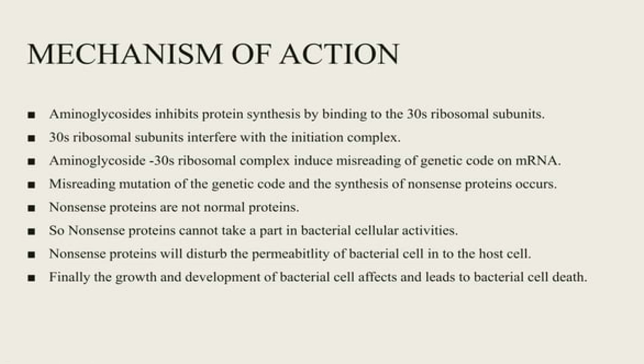Due to misreading of the genetic code, the protein which is to be synthesized is not the proper or actual protein. They synthesize something else, that does not have a proper amino acid sequence in its structure.